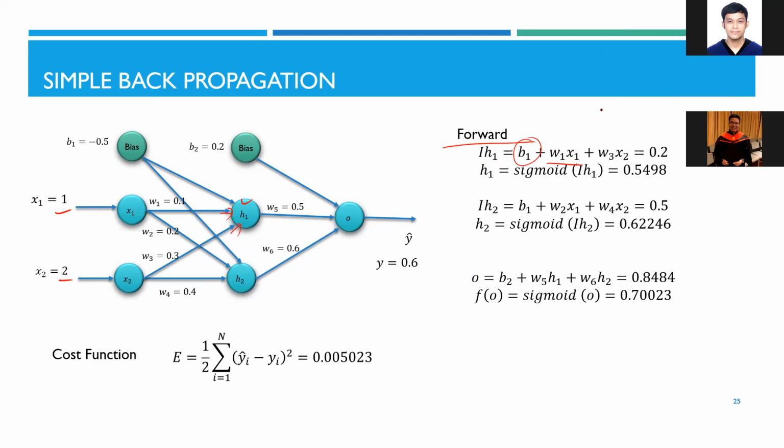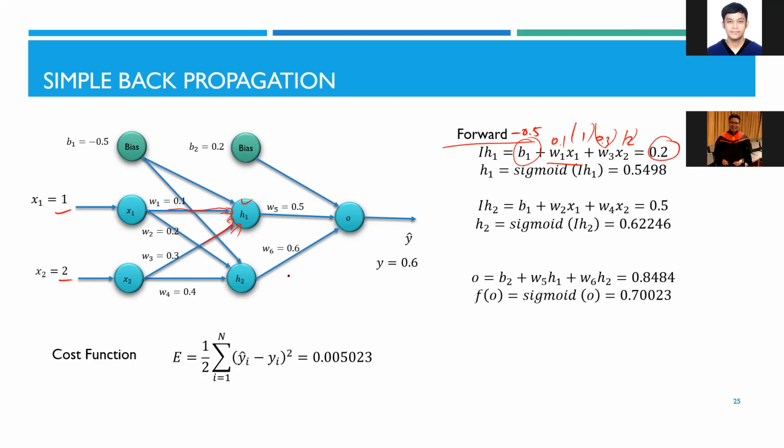Here bias 1 is minus 0.5, W1 is 0.1, X1 is 1, and the weight for input 2 is 0.3. So finally we have 0.2.